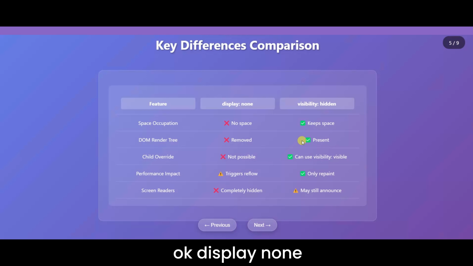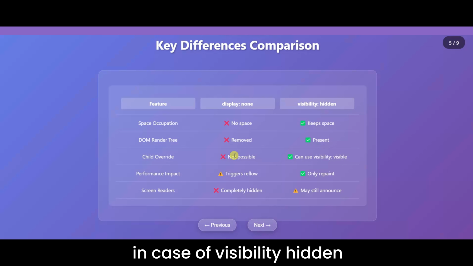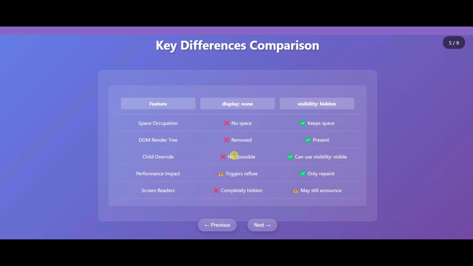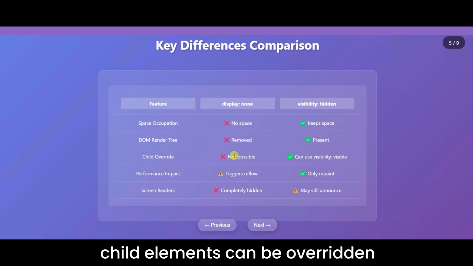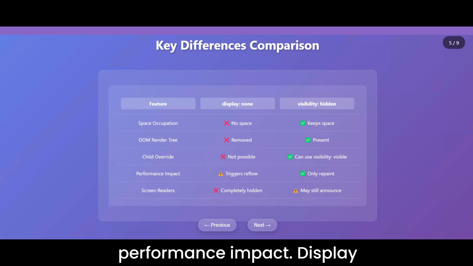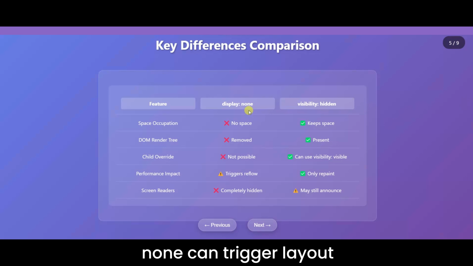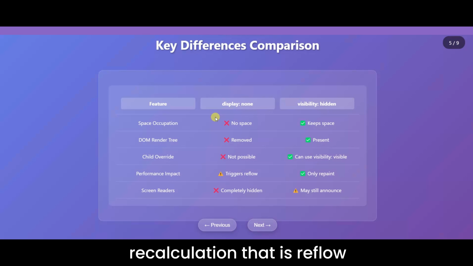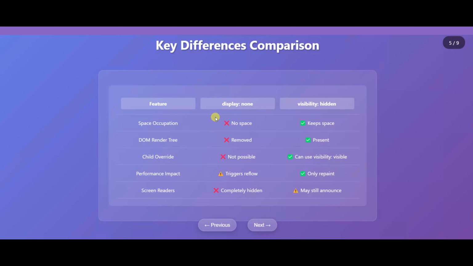Next, child elements. Display none affects all child elements. They are also removed. But in case of visibility hidden, child elements can be overridden by using the visibility visible property. Coming to performance impact: display none can trigger layout recalculation, that is reflow, when toggled.